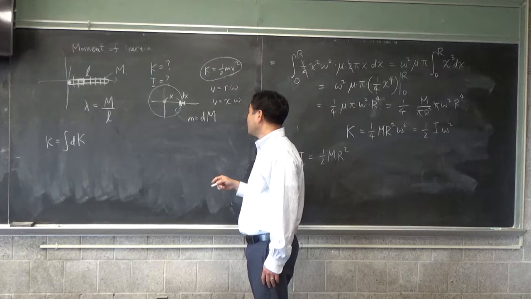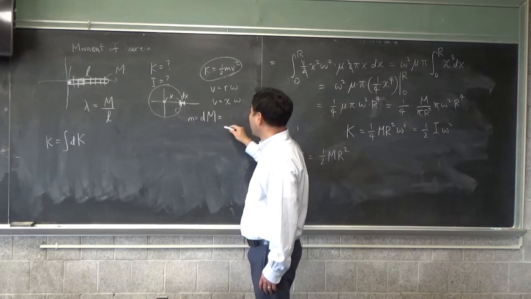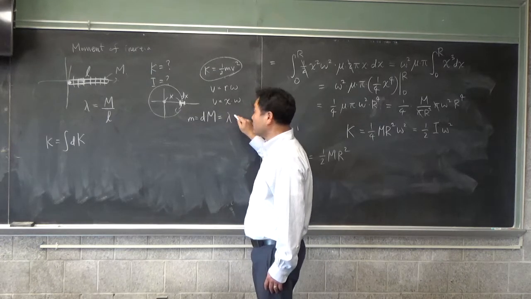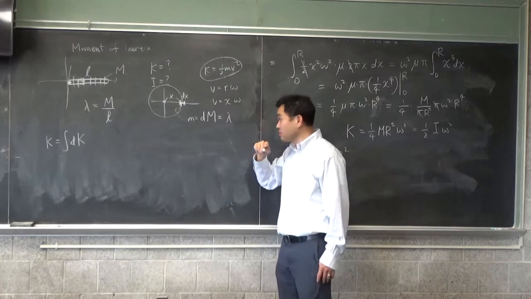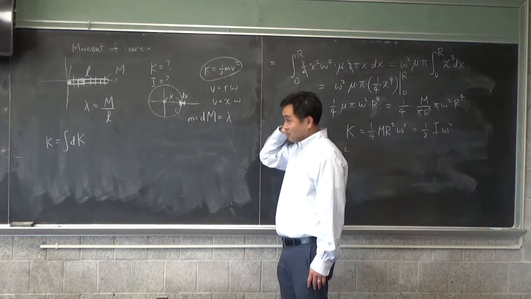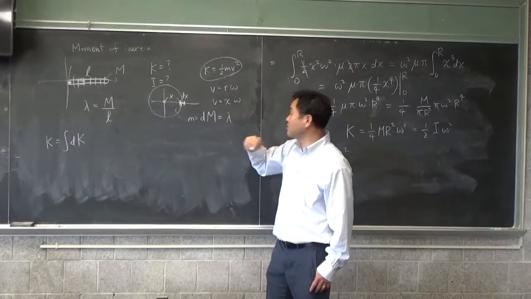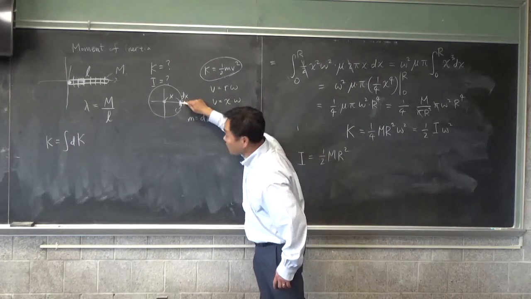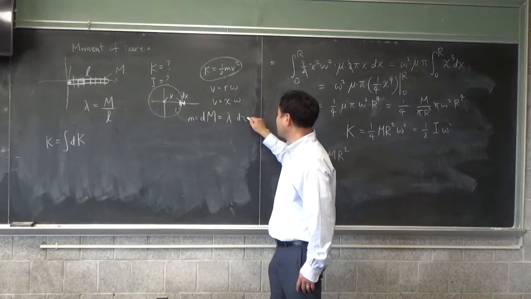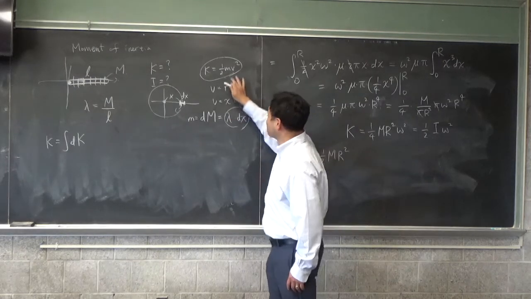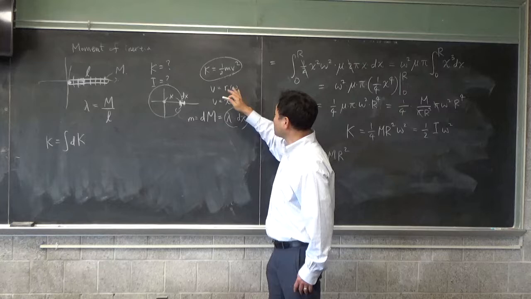And mass is calculated by lambda times what? Lambda times the length. And the length of this object is dx, a very small object, right? So that's going to replace this formula, and that's going to be your dK.